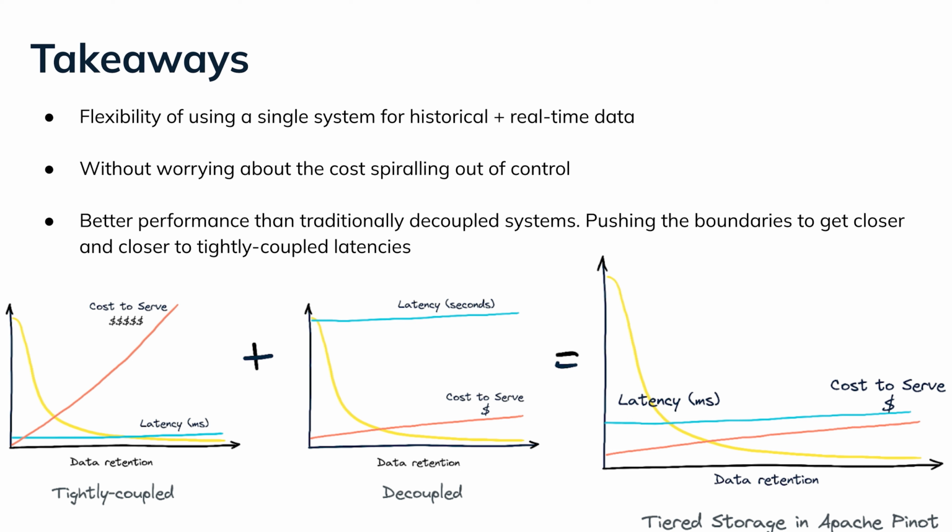And also, we are able to get a better performance than traditionally decoupled system because we are able to effectively use the indexing techniques and some prefetching optimization and also the pruning techniques. So we are still pushing the boundaries of the performance with some new optimizations and to get closer and closer to the tightly coupled latencies.